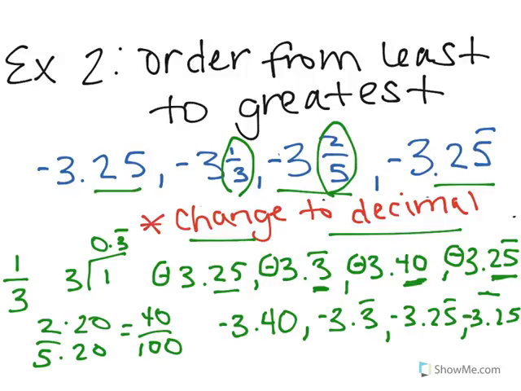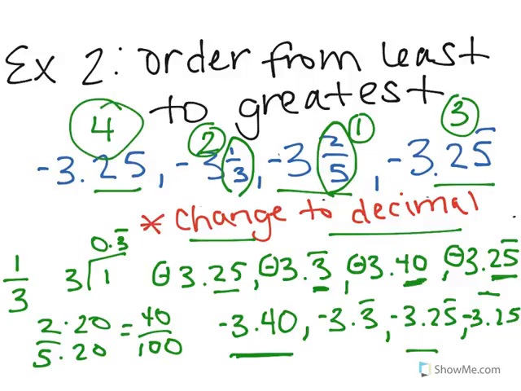So we can go back and think, okay, this one, negative 3.4, was the smallest, so this is number 1. Negative 3.3 repeating is number 2. And then negative 3.25 with that 5 repeating is number 3. And this is my largest.